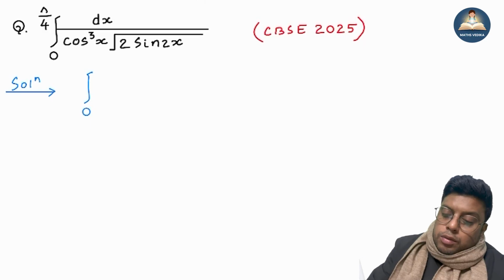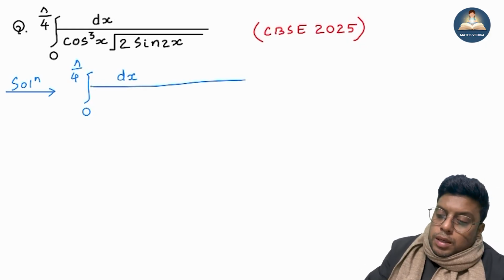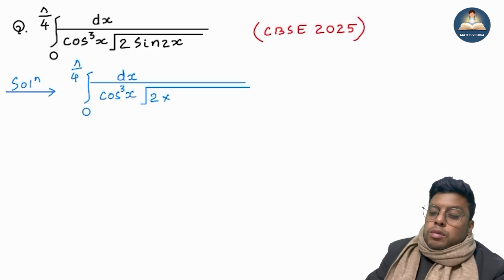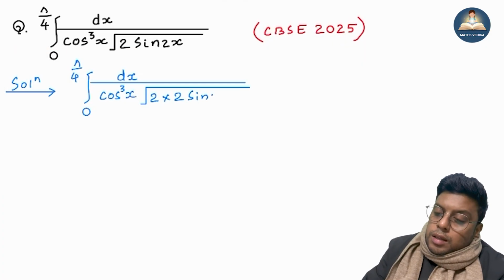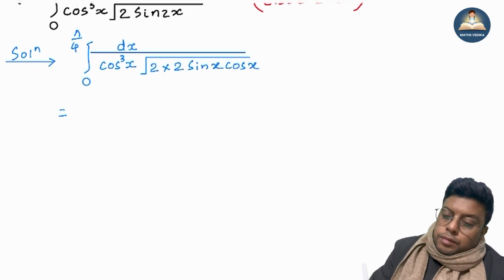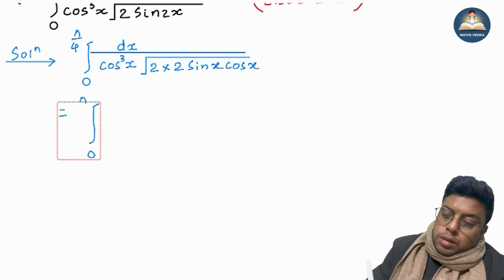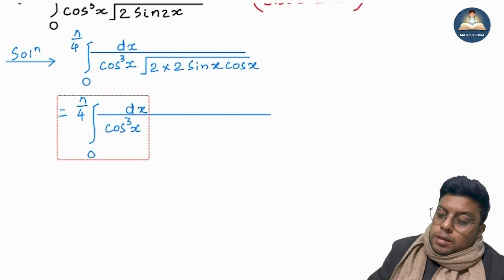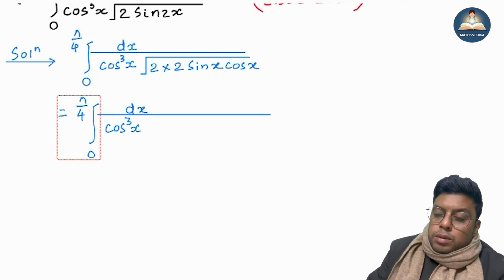Integration from 0 to pi by 4, dx by cos cube x, root under 2 into, the formula of sine 2x is 2 sine x into cos x, equal to integration from 0 to pi by 4, dx by cos cube x, under root 2 into 2, that is 4.